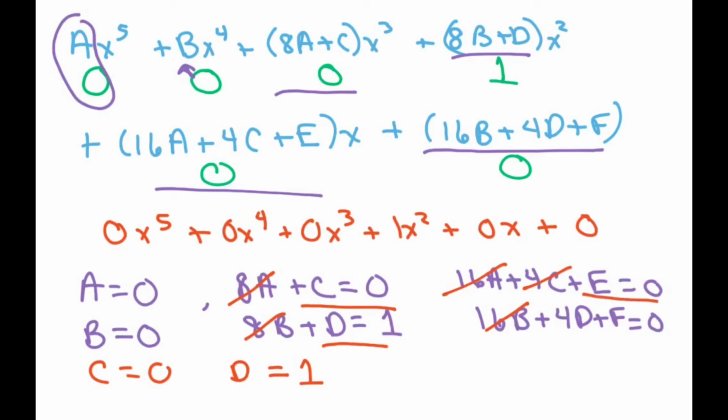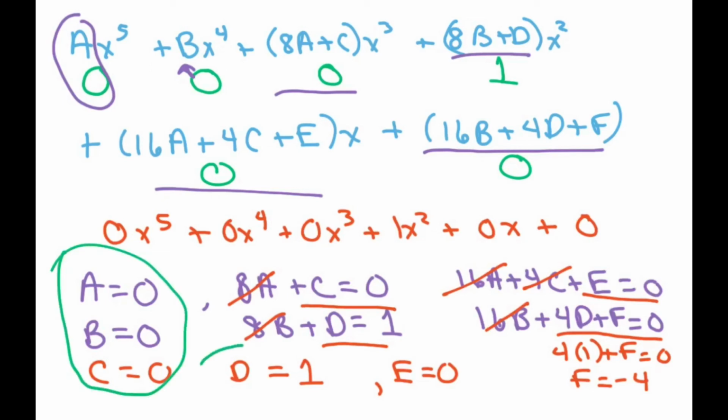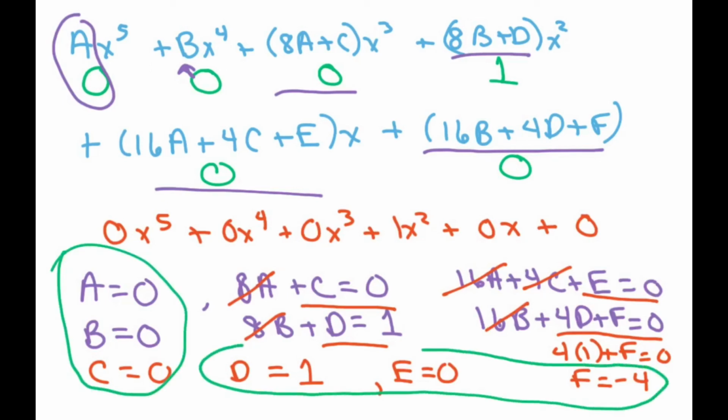So we also know that E is 0. And the only thing I have to do is this one. So I'm going to plug in my 1 for D. So you have 4 times 1 plus F equals 0. So F equals negative 4. And there's our solutions.